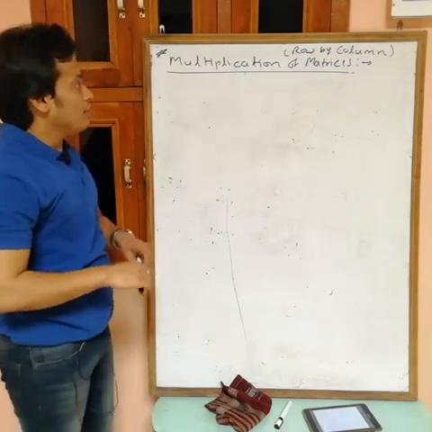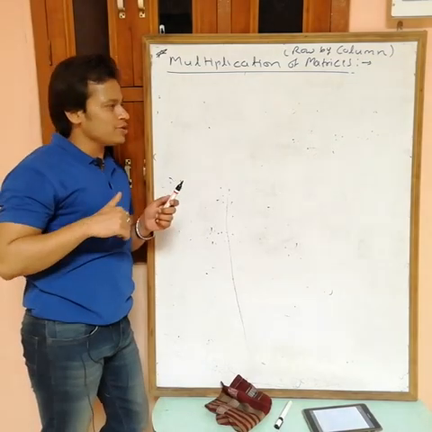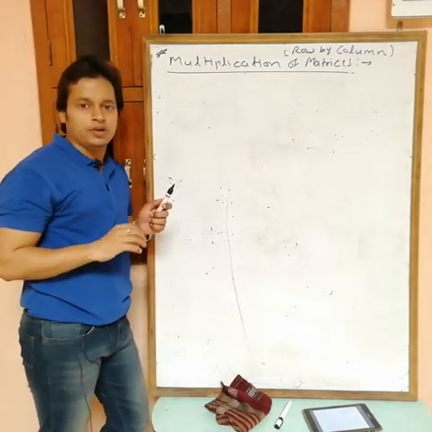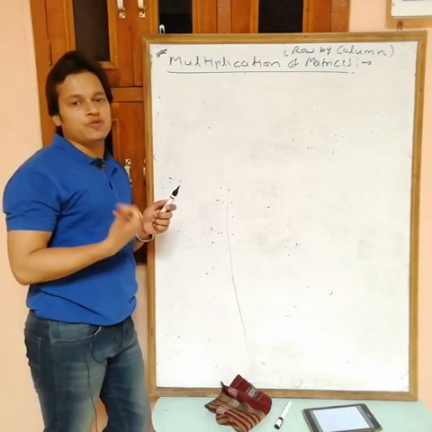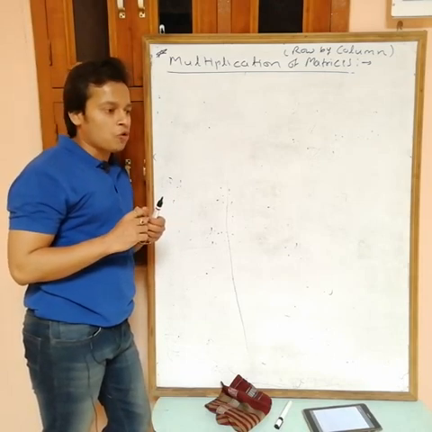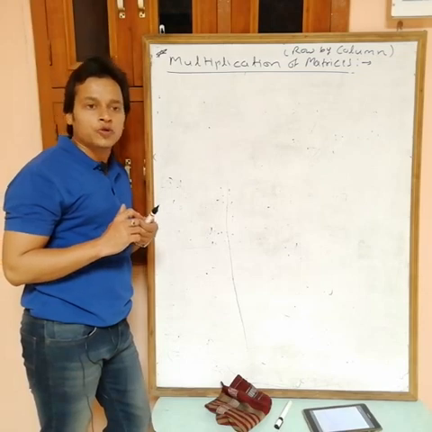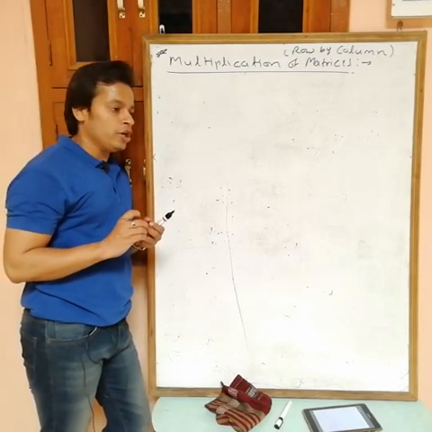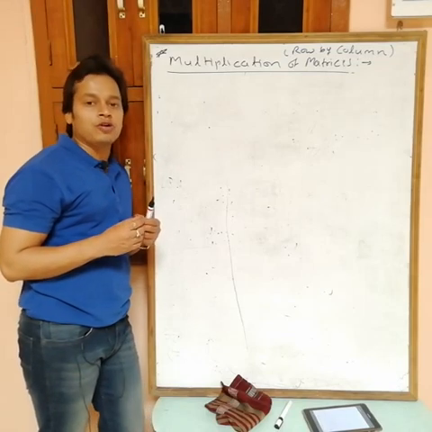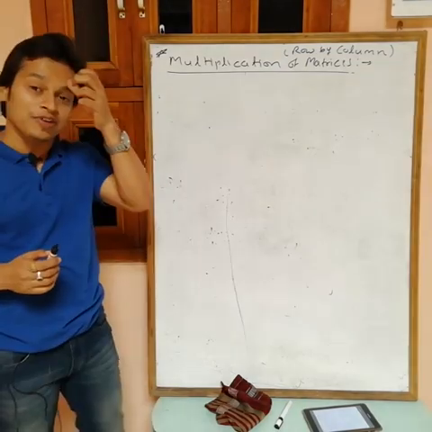Now what is the condition? If any two matrices are given, we can't always multiply. Sometimes we can multiply, sometimes we can't. It is not necessary that the product of two matrices A and B is always defined. To define the product of matrices A and B, we have a condition.